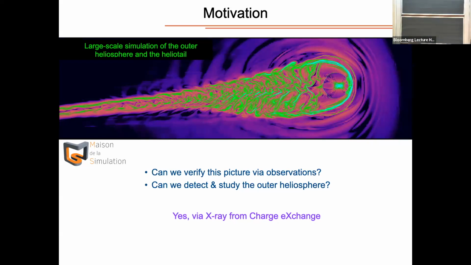Those ripples, these are sound waves produced by the variable solar wind with an 11-year cycle. So as the solar wind is changing in speed slightly with the 11-year cycle, the shock works like a piston.